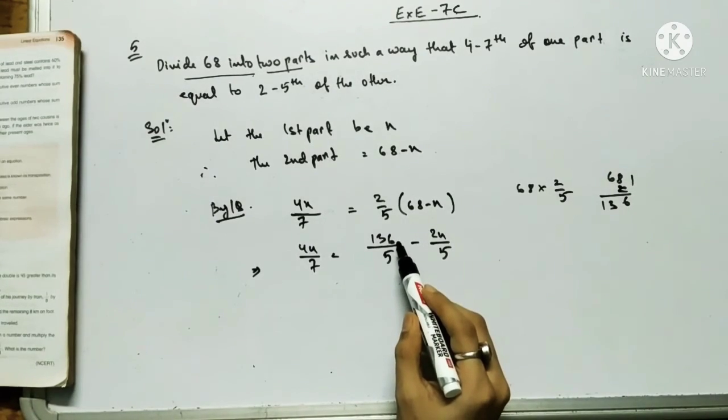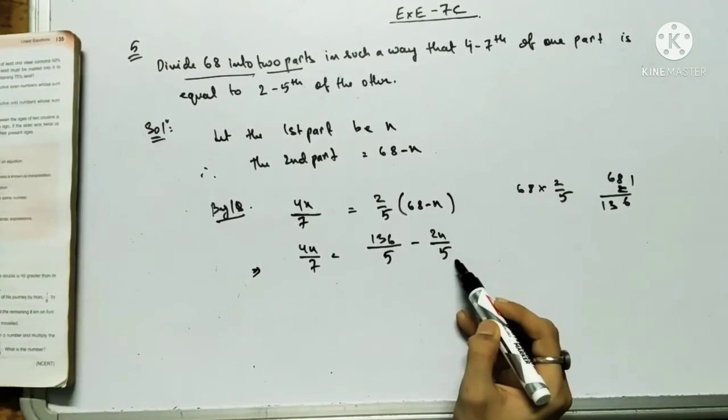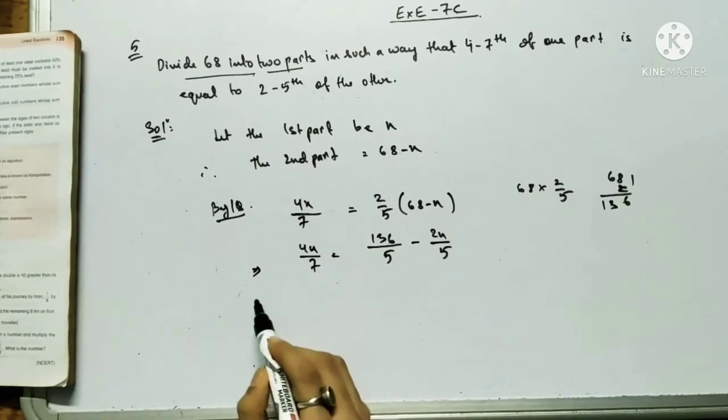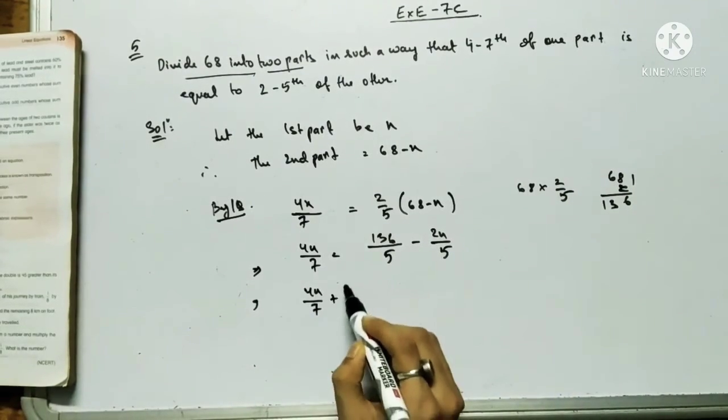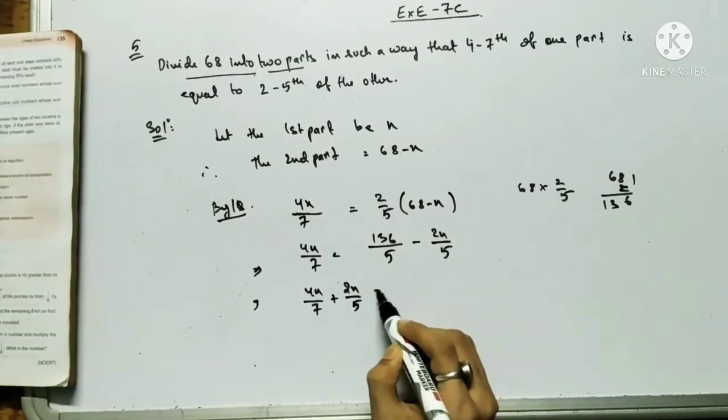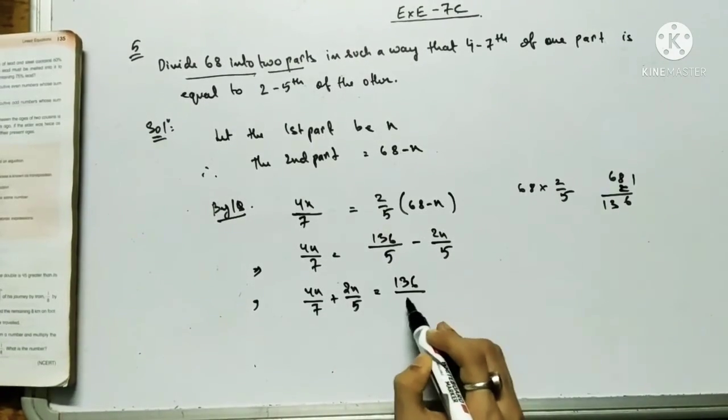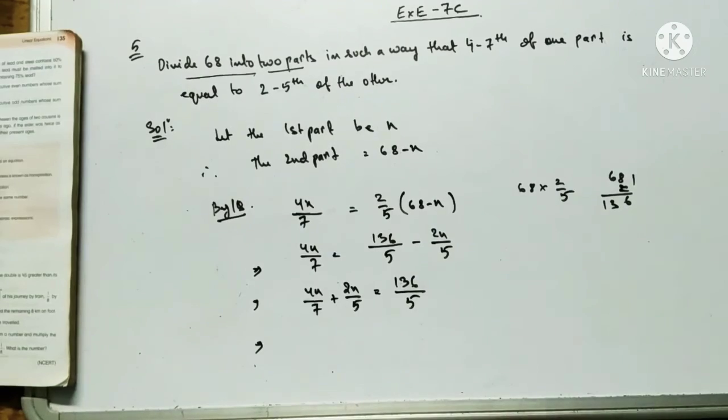Now I will bring like terms to one side: 4x by 7 plus 2x by 5 is equal to 136 by 5.